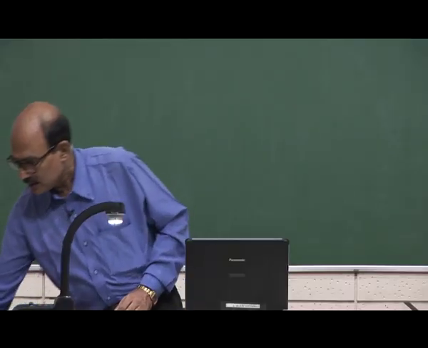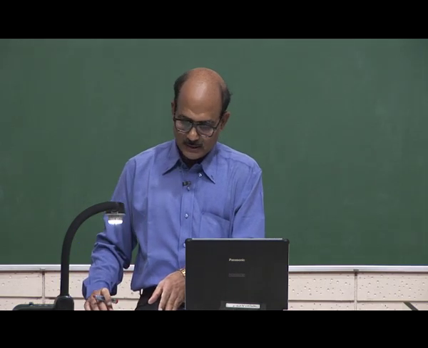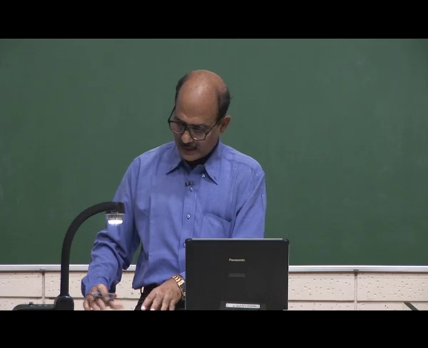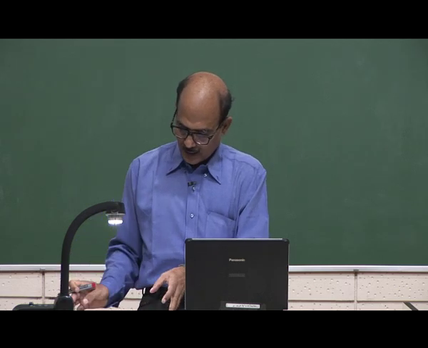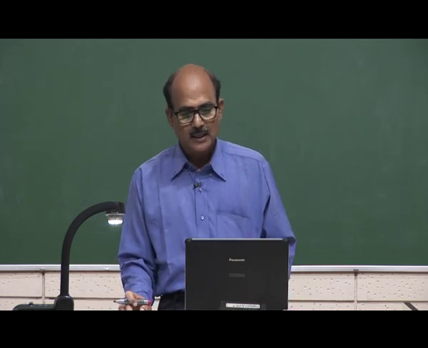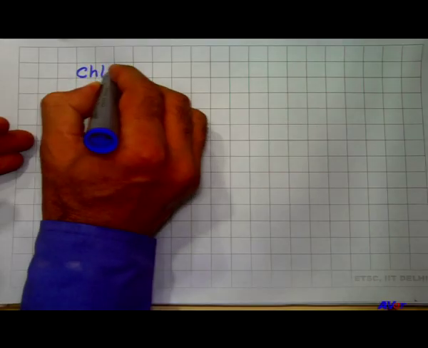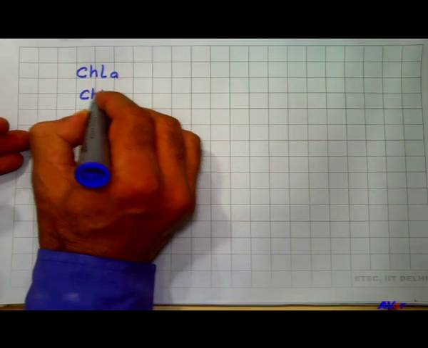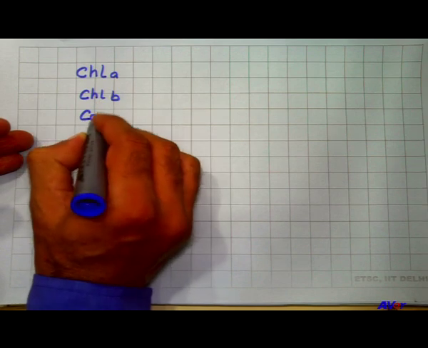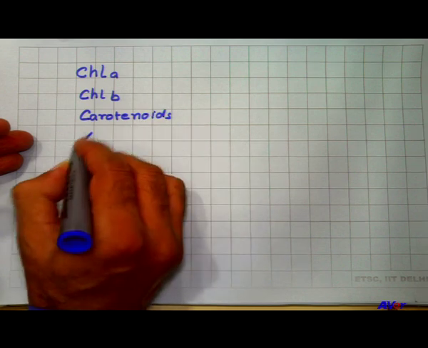In class 11th there is an experiment on the separation of different types of chloroplast pigment. As we have already discussed in my earlier classes, the chloroplast has different types of pigment like chlorophyll A, chlorophyll B, carotenoids, xanthophyll.